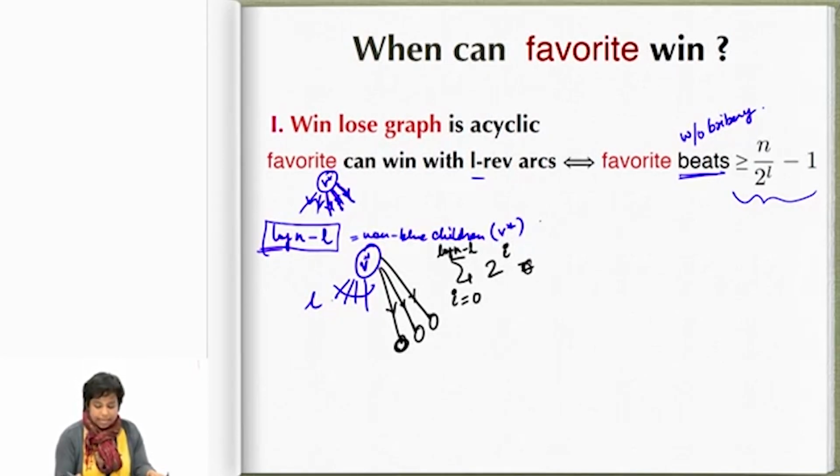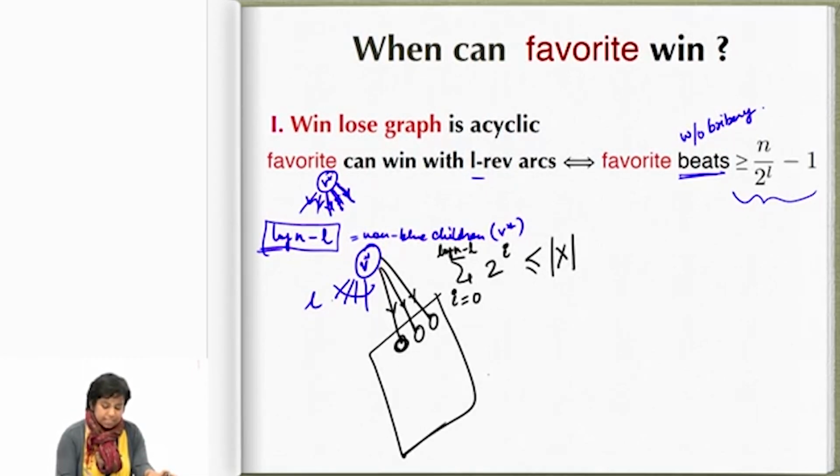Imagine that the smallest subtree, a one-vertex subtree, is one of the blue. I don't know where the blue and the black are; they might be scrambled. I am saying that the total number of vertices inside the subtrees of the children of V star which do not have a blue arc must be at least this much, correct? This is the smallest possible thing.